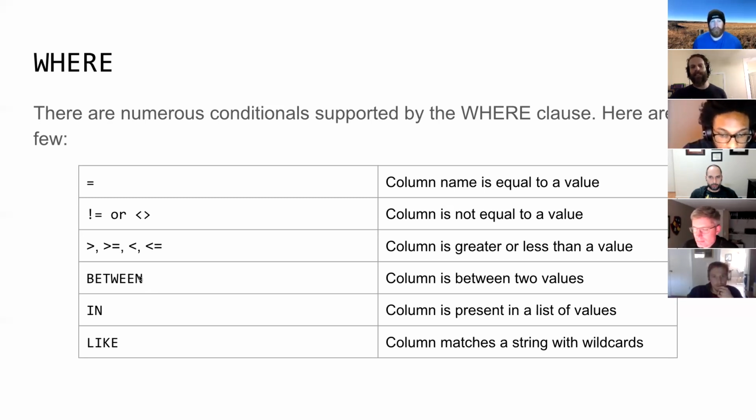Between, that's kind of handy. In, again, just like Python, you could create a data structure and test if it's one of multiple values. Like is kind of like a regular expression, so you can test partial matches on a string.